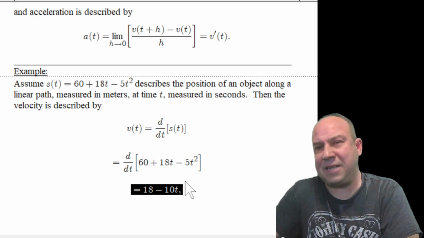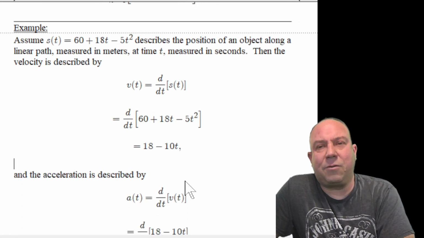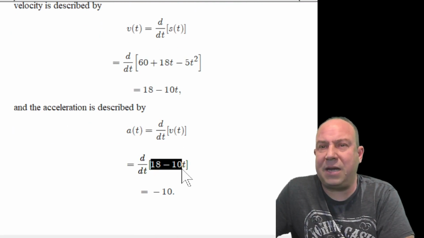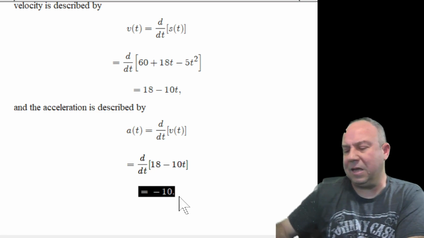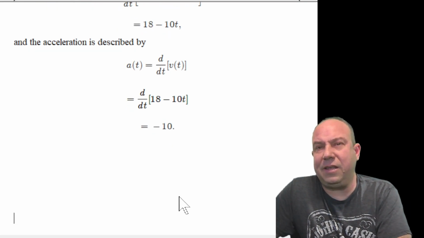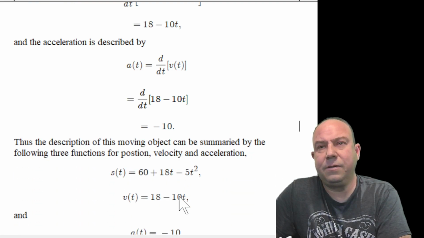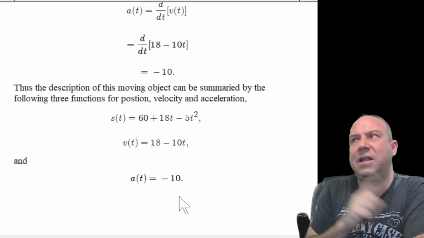It's 18 minus 10t. And acceleration is described by the derivative of velocity. So 18 minus 10t's derivative is just -10. And collectively, these three functions summarize the motion of this object along a line.